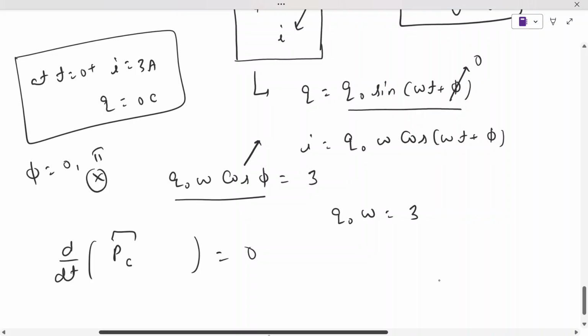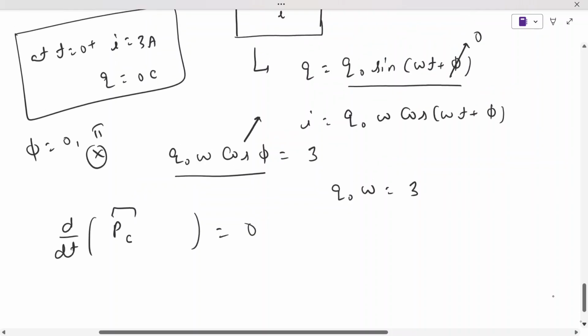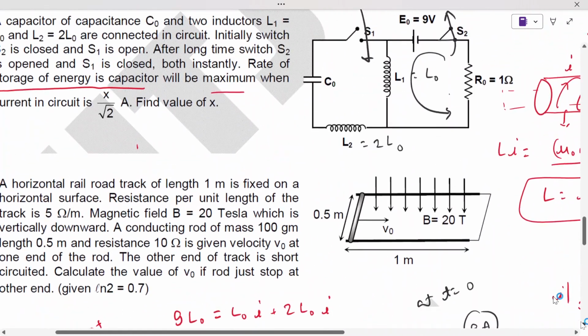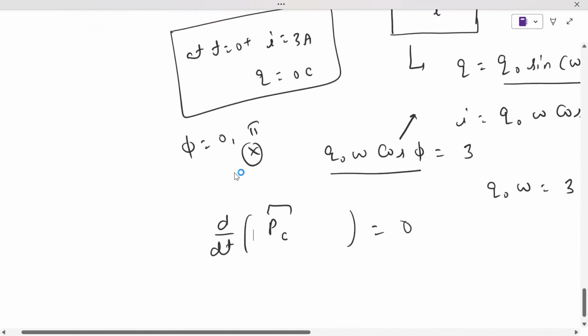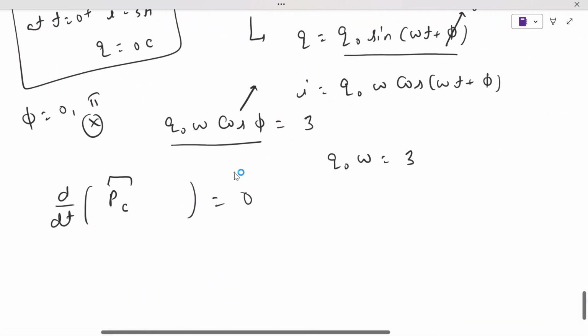The rate of storage of energy across the capacitor: what is P_C? P_C is Q by C into I, isn't it? That d by dt should be equal to 0.